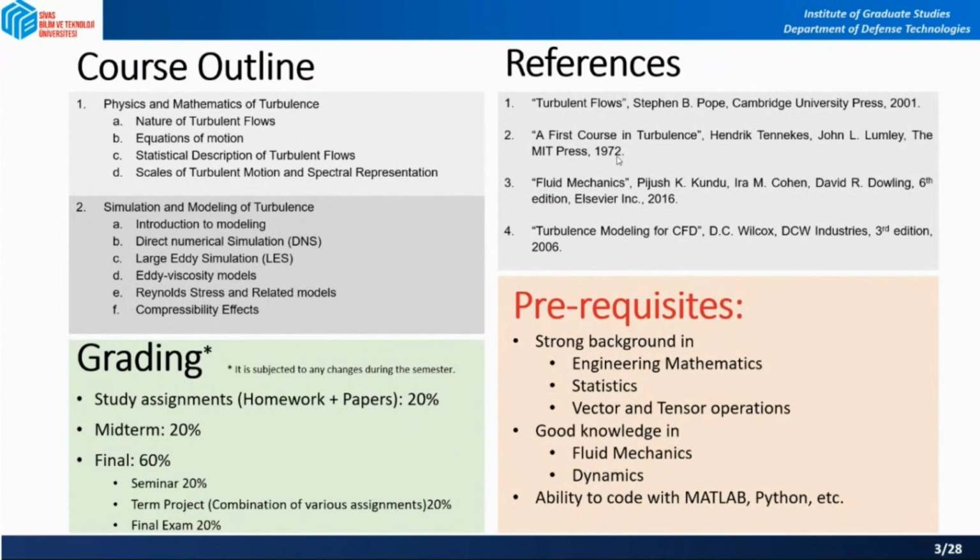It has very good introductory chapters related to turbulence. Not the whole book is dedicated to turbulence, but it's very useful, and we also review some material from that book. And the last book is from Wilcox. I suggest you obtain all of these references and put them in your library.